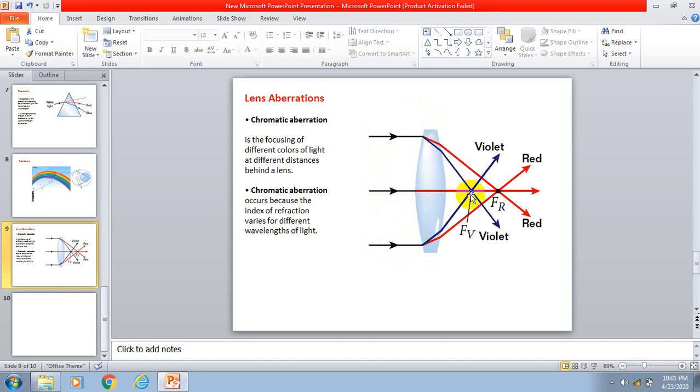Some of them will strike, we call them the violet one, then the red, they will strike at a point as well, and the straight one as well. So they have different wavelengths there. But behind the lens, remember, we call them what? Lens aberrations. Okay, fault you can say as well here.